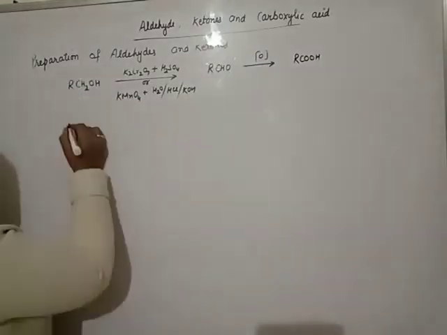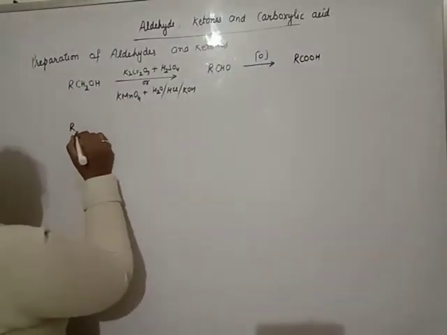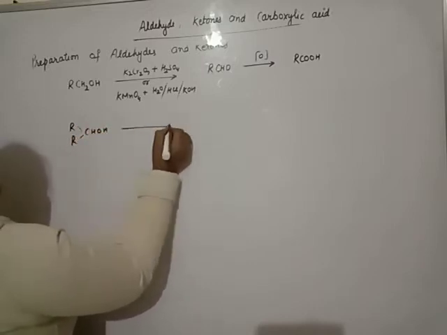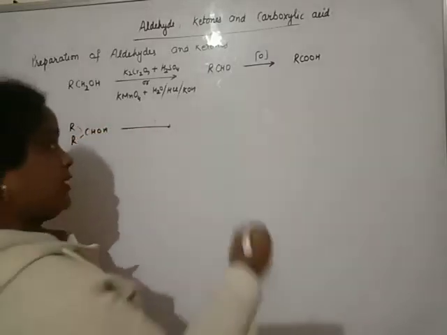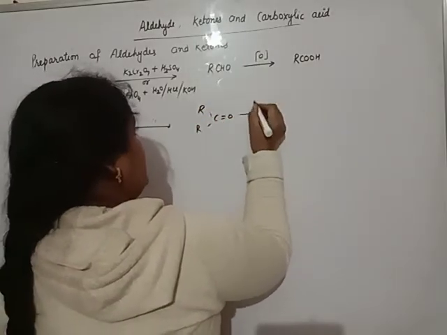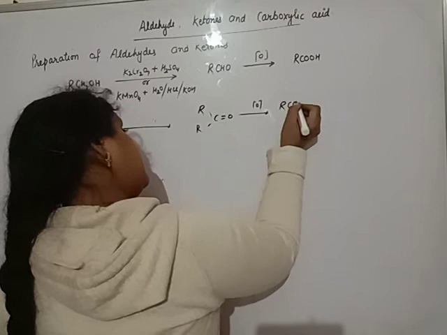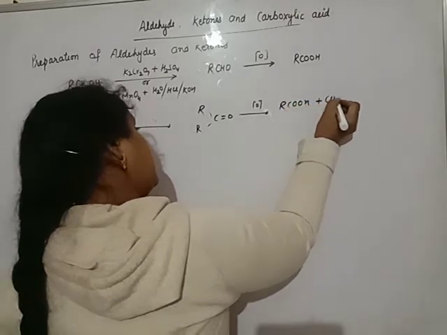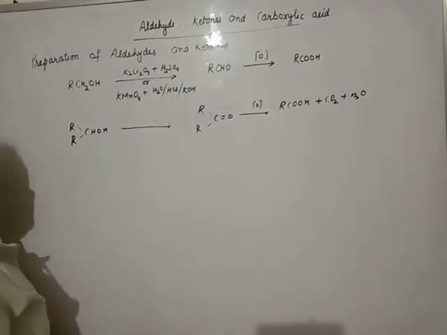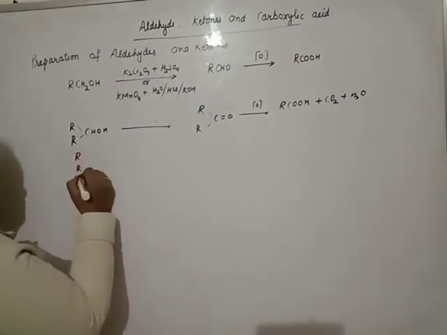For secondary alcohol, it will give ketone first and then oxidize to give carboxylic acid with release of carbon dioxide and water vapors. Same for tertiary alcohol.